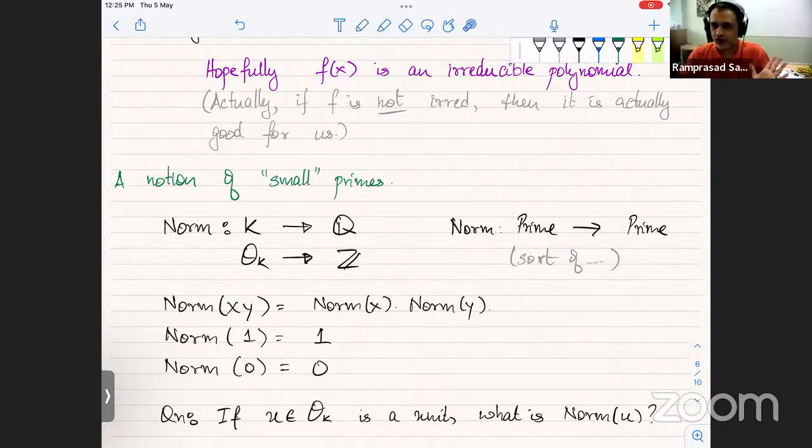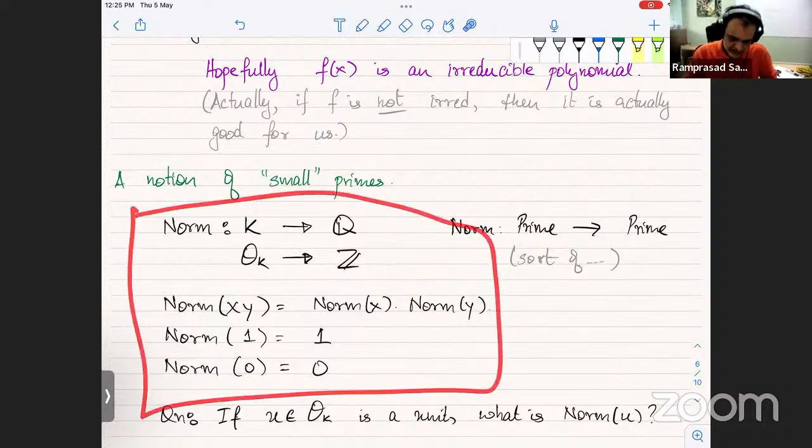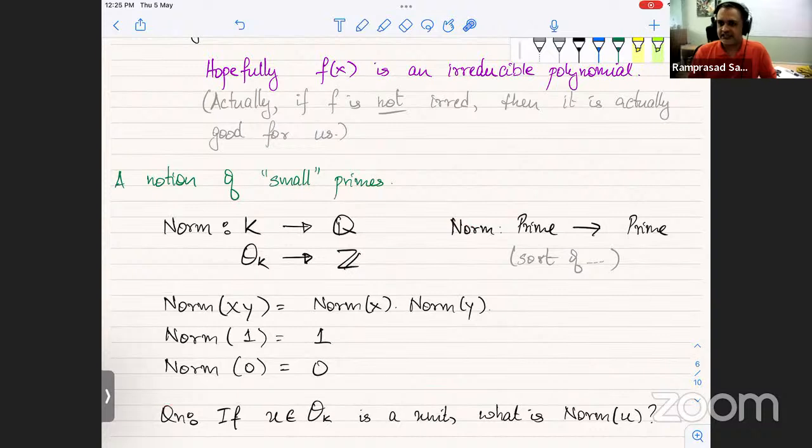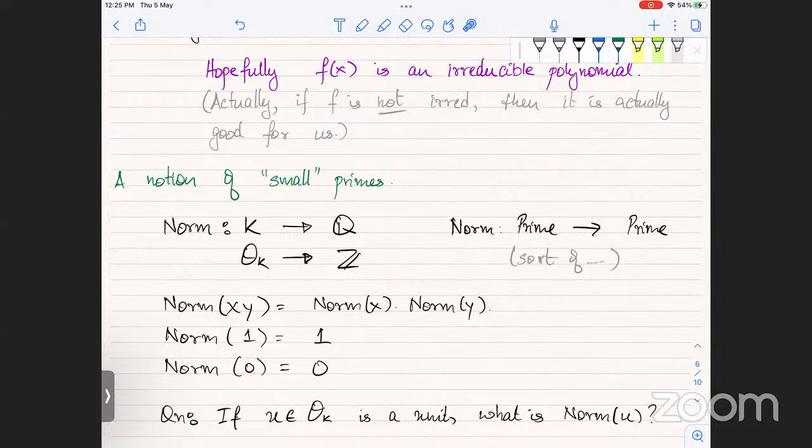I haven't even told you what this function is, but these are the axioms that I have told you about the function. That is, it sends an integer to an integer value. It's multiplicative. The norm of 1 is 1 and the norm of 0 is 0. So this is all you know. But from this, can you infer, suppose you know that u is a unit, what should its norm be? 1, right? Can you say why?